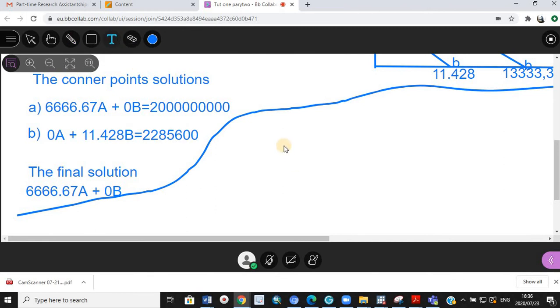Primal equation, primal problem. All right, this is one. Okay, primal problem.